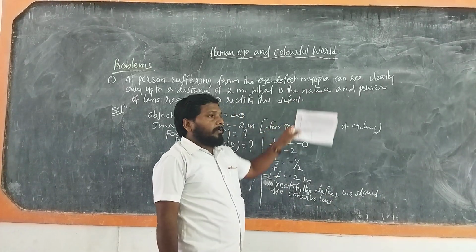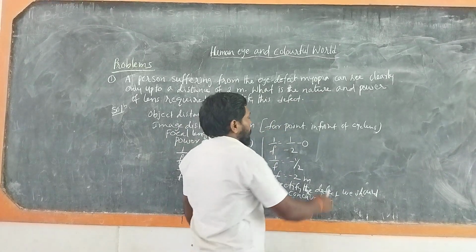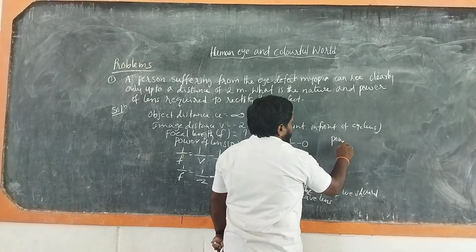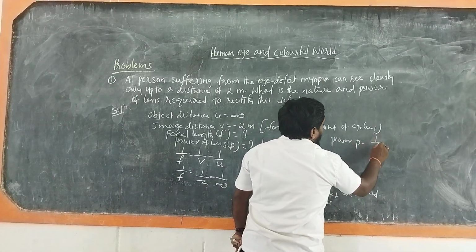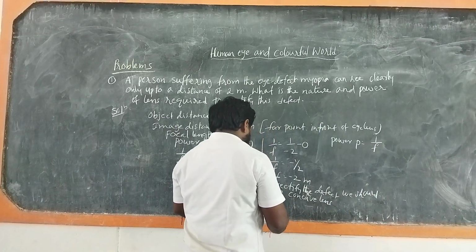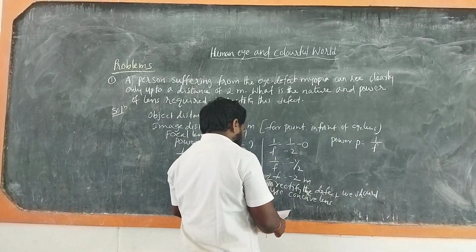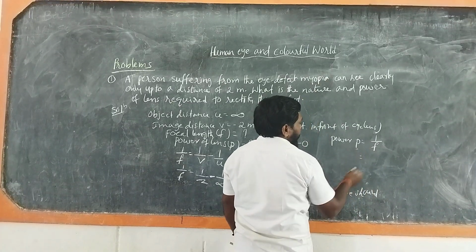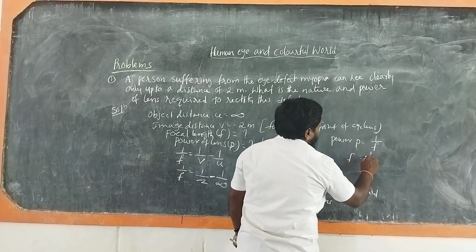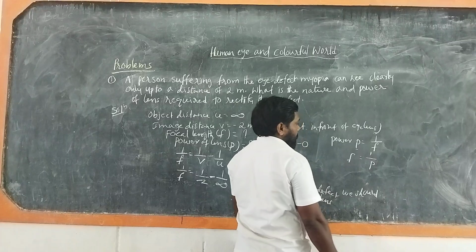So what is the nature of the lens? Concave. Then coming to the power. Power P is equal to 1 by f. Power P is equal to 1 by f.